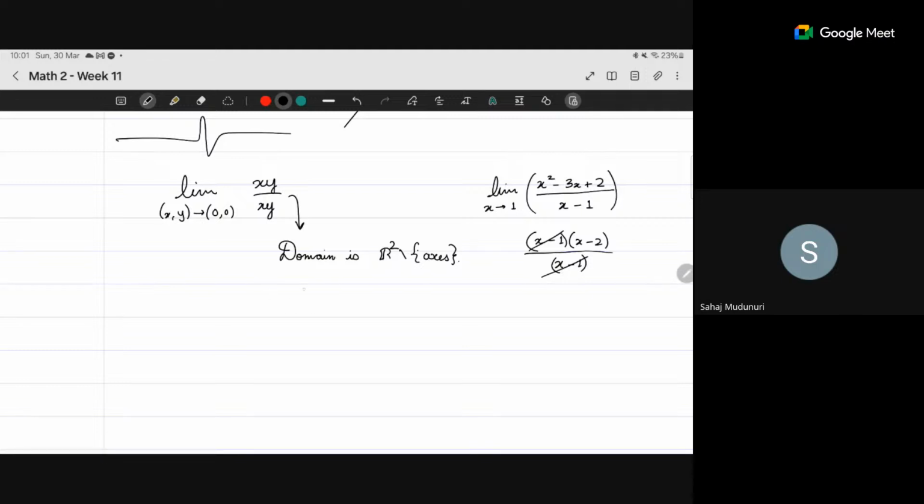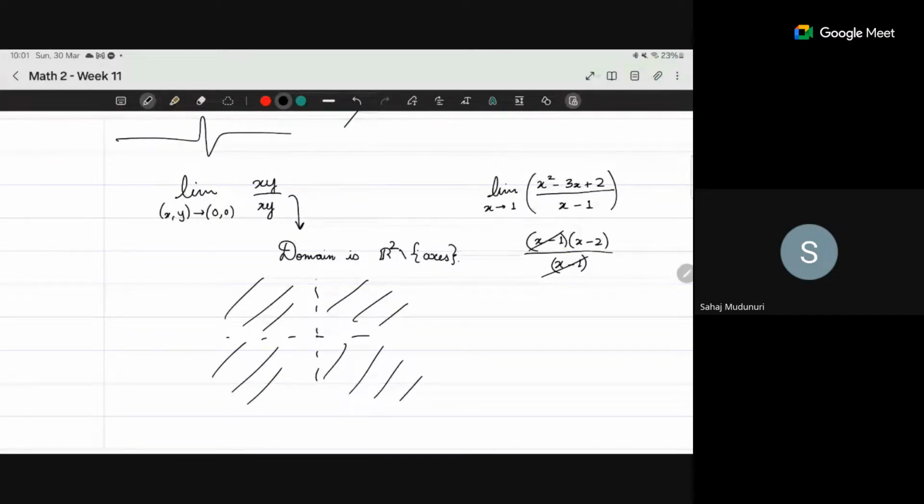So if you look at the domain, it will be everything other than the axis. So it's this, and this. There are like four disconnected components. And it does not make sense to talk about the limit of the function when there is no neighborhood of the point which is contained in the domain.